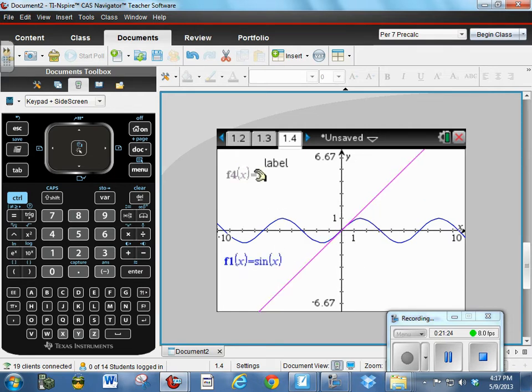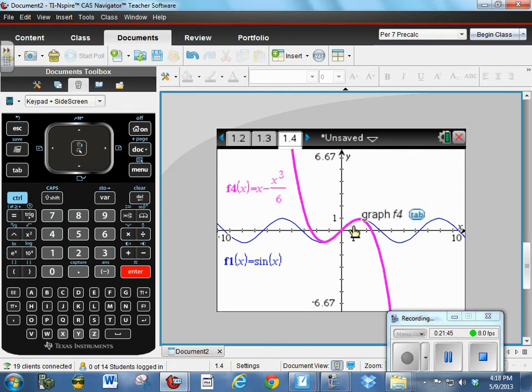Now, if I add another term, which would be minus x cubed divided by 3 factorial, which is 6, notice now the graph is really close to sine of x from pretty much -1 to 1 in radians. So I could put in sine of 0.2 and get really good decimal place accuracy. But if I put in sine of 2, notice right here, it's not going to be very accurate.